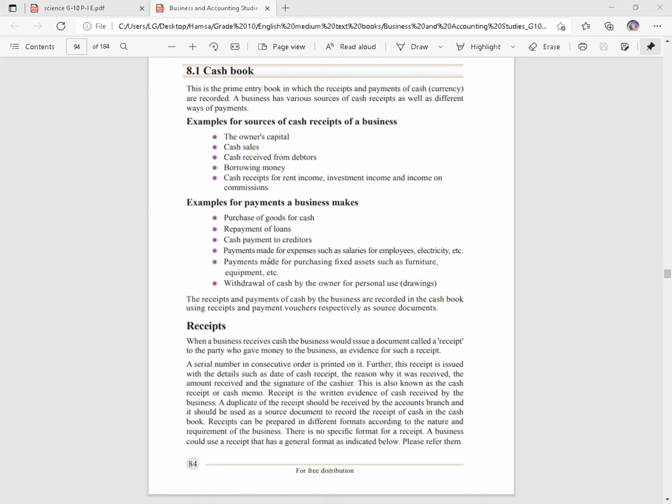So can I get some examples of cash receipts of a business? Whatever transactions you enter on your debit side will be the cash receipts. So on your debit side, what are the transactions you record?